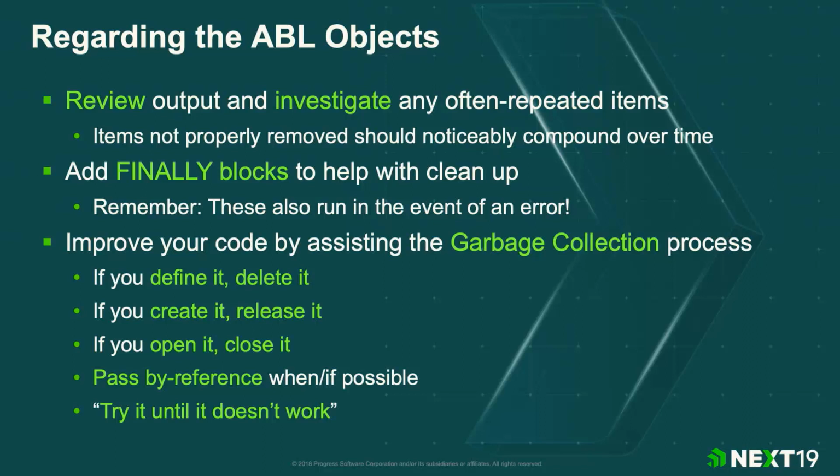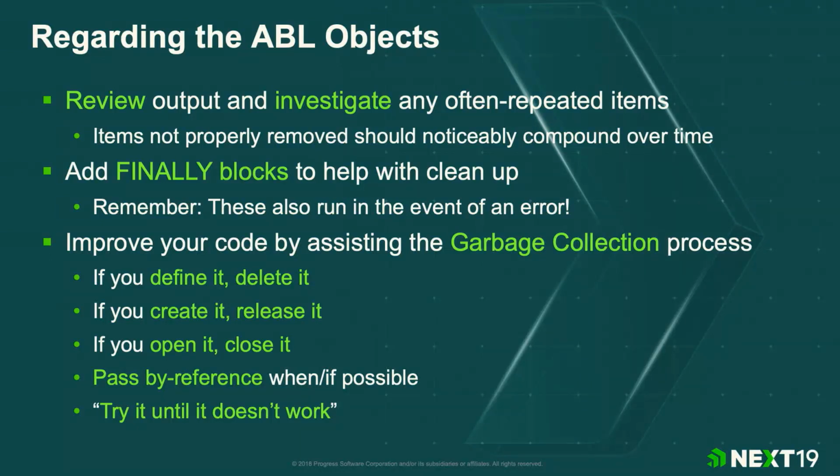We have found that the garbage collection process in the ABL does work exactly as it should, but you have to tell it sometimes that, yes, I am officially done with this variable, with this handle, with this object, whatever. So if you define a variable, my practice is create a finally block and add a delete statement immediately, just so that you remember, okay, if this is going to be an object instance, I'm going to delete it later.